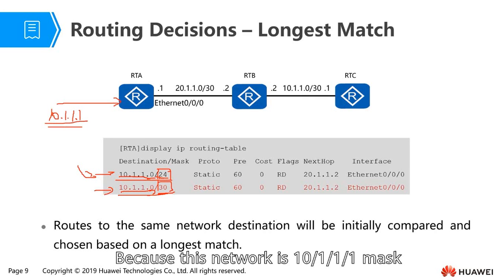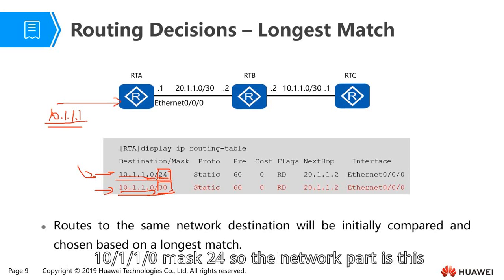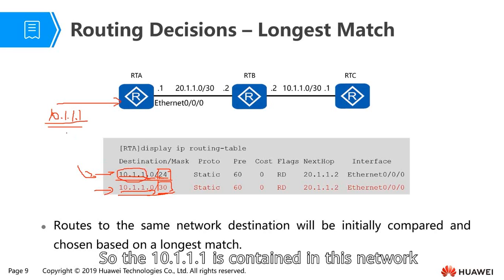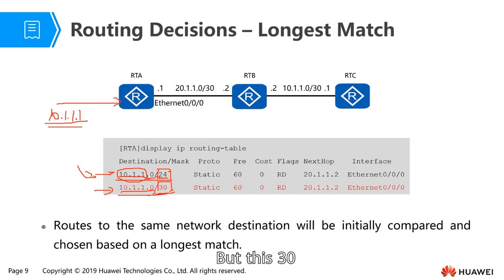Because this network is 10.1.1.0 with mask 24, the network part is 10.1.1. But the other one, with mask 30, contains only 4 IP addresses: 10.1.1.0, 1, 2, 3. Of course, 0 is the network address and 3 is the broadcast address.